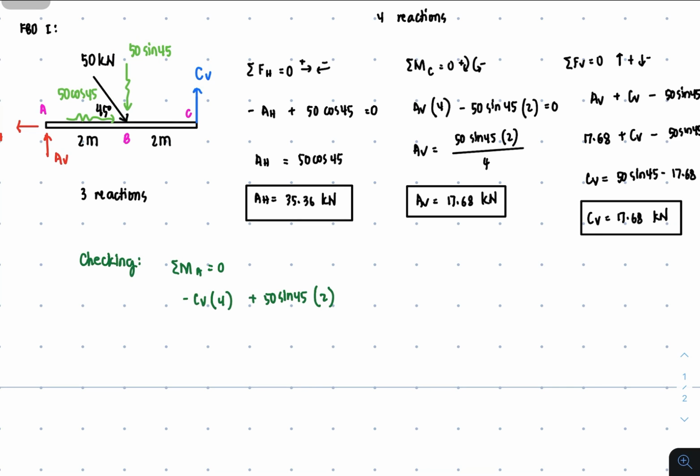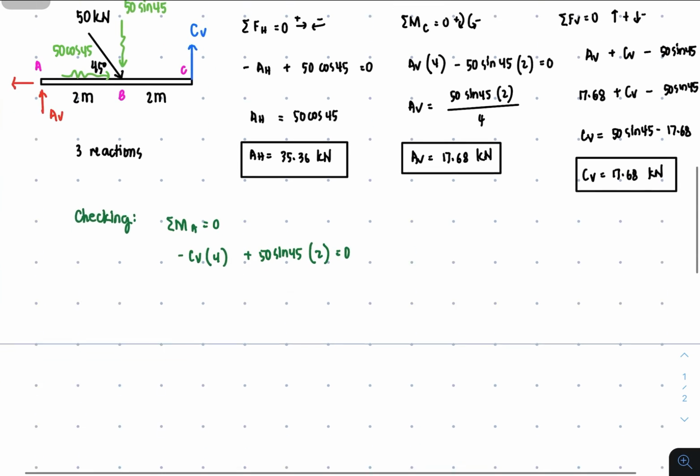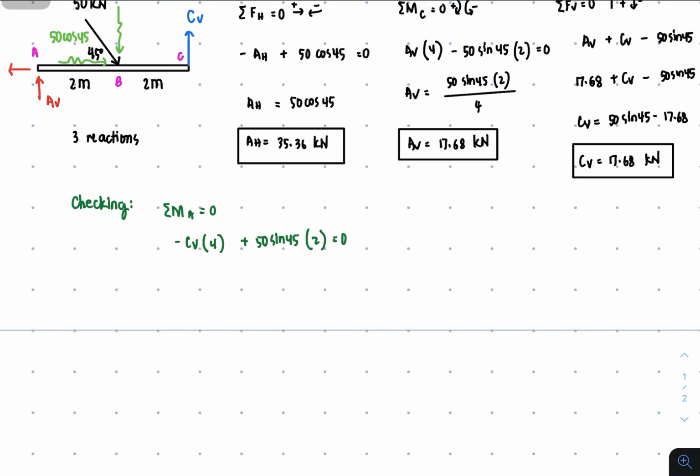Because this force is downward, so it's going to rotate about point A clockwise, and that's equal to 0. But CV is 17.68, so we substitute negative 17.68 times 4, plus 50 sine of 45 times 2 equal to 0.